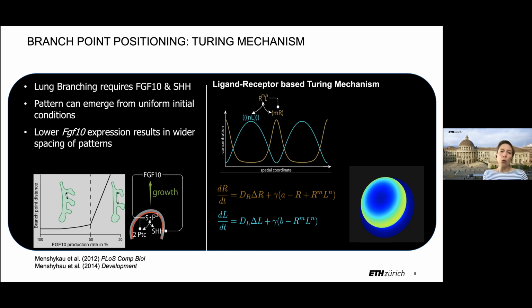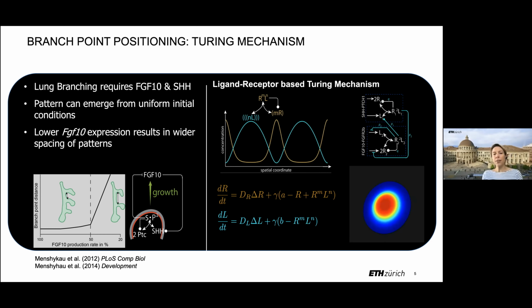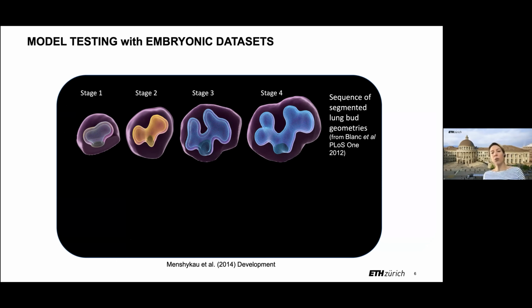But then we wanted to know whether that mechanism could actually explain biology. And the only way to find out is to compare quantitatively to data. The first data set that we obtained was from a French group that had just published it. What you're seeing here is an epithelial bud, which is surrounded by mesenchyme.